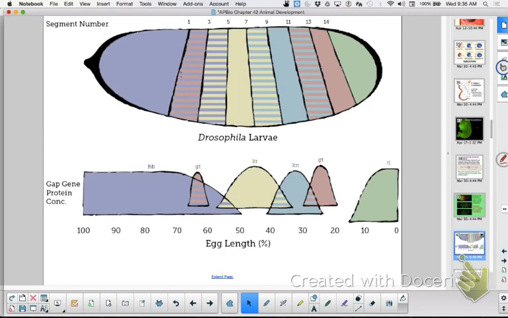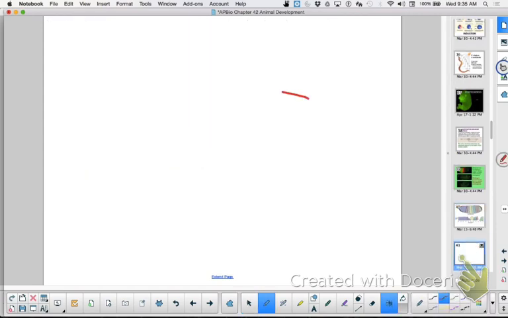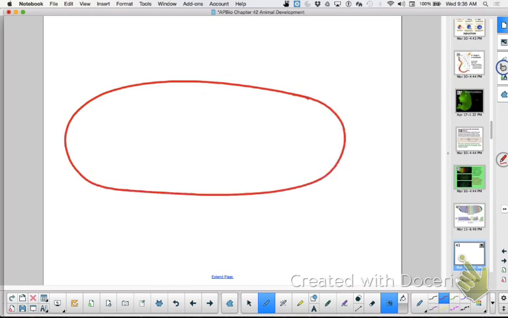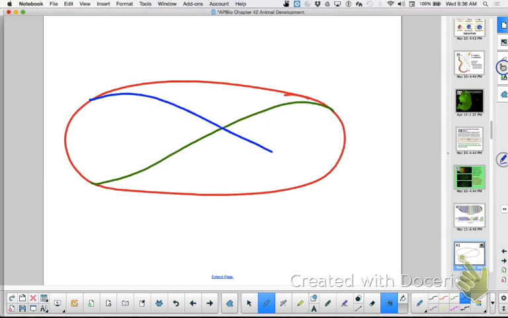If you have a developing organism and a chemical gradient that gets less and less here, and you have another gradient here, you could have a ratio between the green and the blue that's a little bit different at every single point.